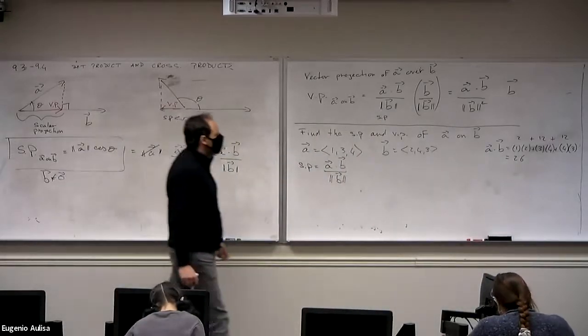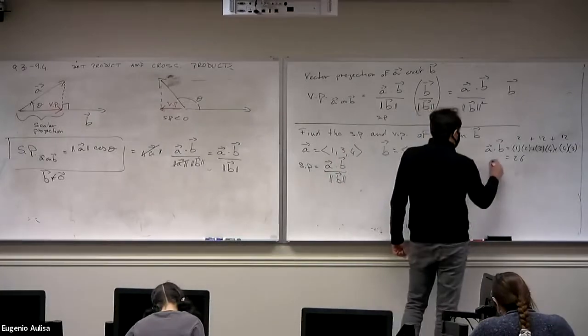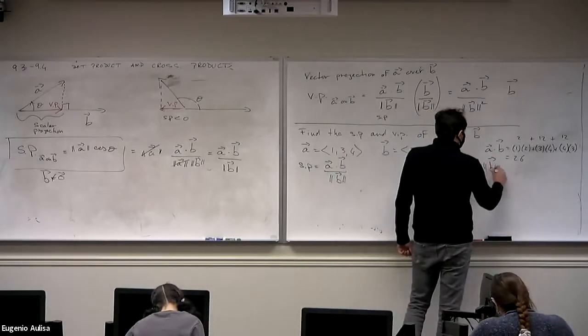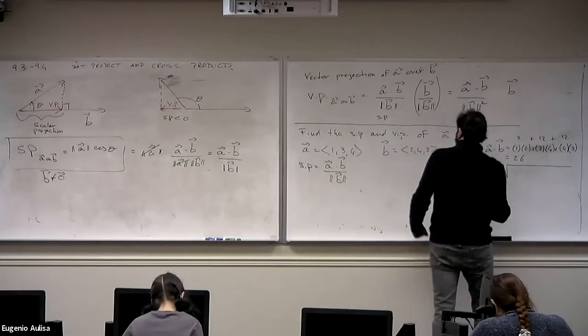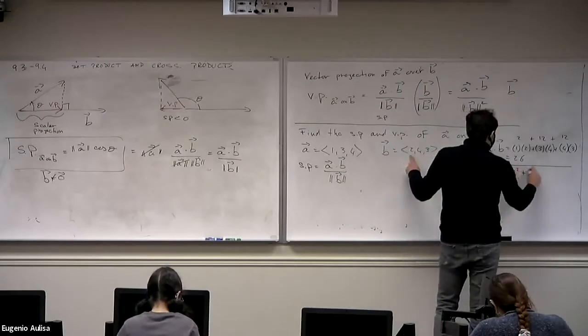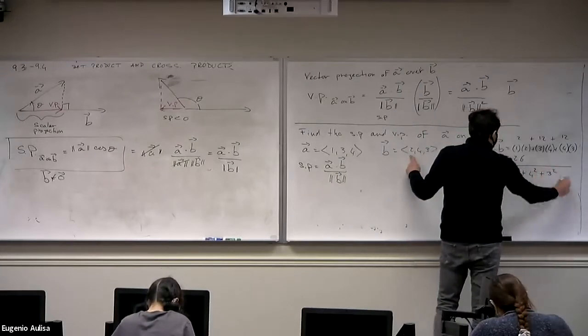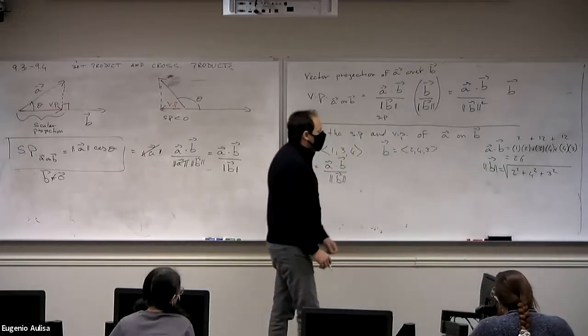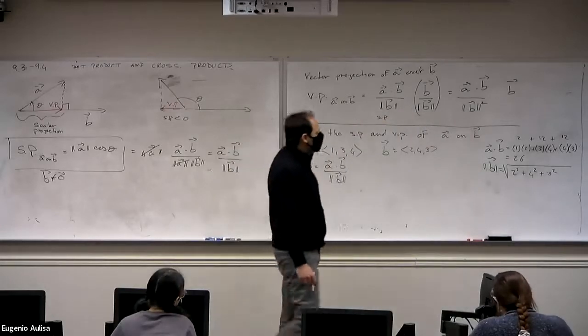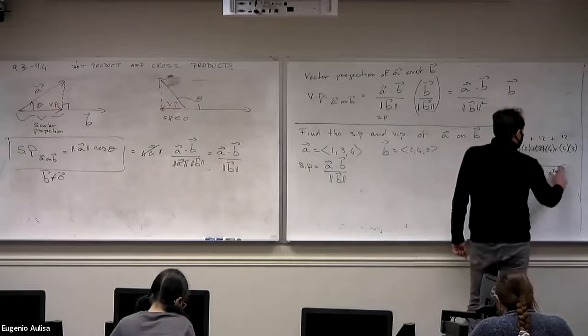The length of B is going to be the square root of 2 squared plus 4 squared plus 3 squared. So it's 4 plus 16 plus 9, 29.